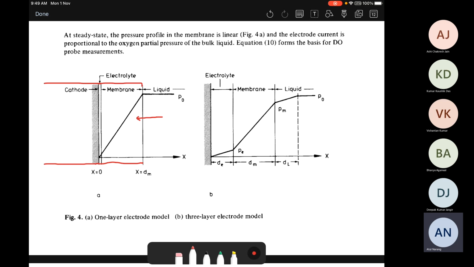You can see that if the cathode is rapidly sucking electrons, with oxygen coming here, oxygen receives electrons from the cathode in order to get reduced. If you have a very, very high flux of electrons, the concentration of oxygen will drop to zero over here. Therefore, the flux of oxygen to this place will be proportional to the concentration in the bulk, right? You have a linear drop across the membrane.